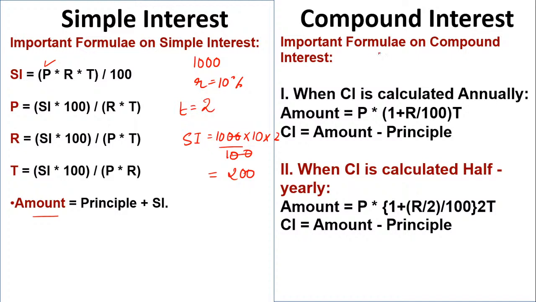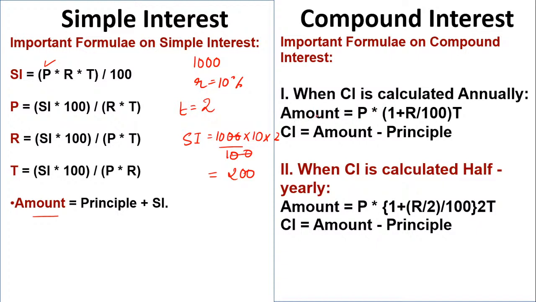What are the most important formulas for compound interest? It is very simple. Simple interest we calculate as P into R into T upon 100. Everybody has learned this in school. Simple interest is actually very simple, there is nothing rocket science in it. Slightly tricky is compound interest. Here they have given us a formula for when it is calculated annually.